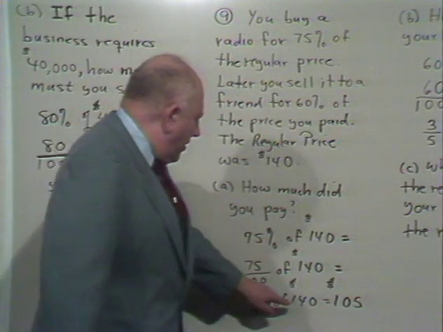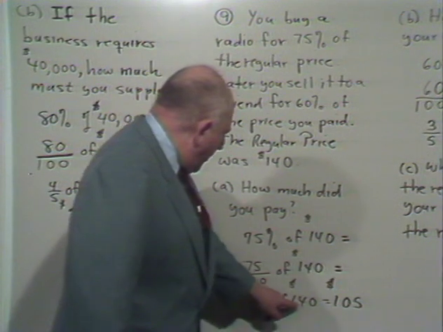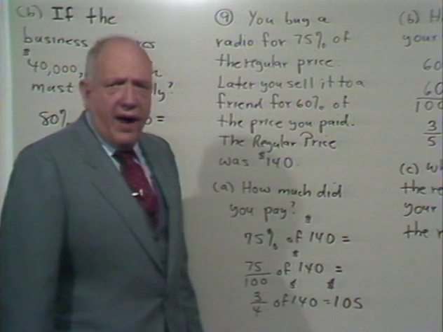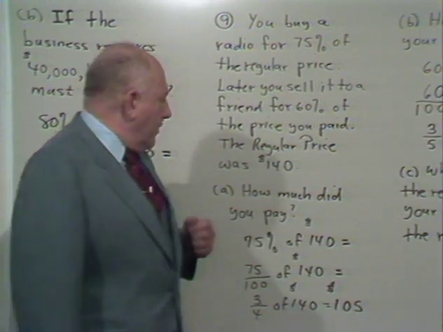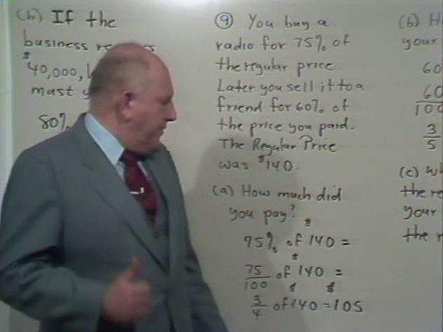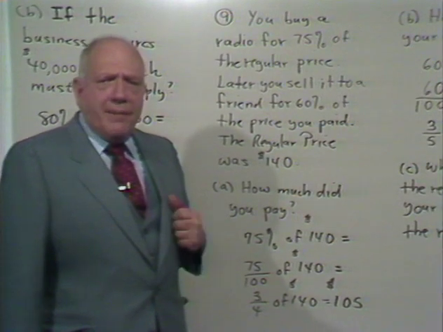At any rate, 4 goes into 140, okay? 4 goes into 140 35 times, and 35 times 3 is 105. So if the regular price of the radio was $140, because you're only paying 75% of that, that's costing you $105.